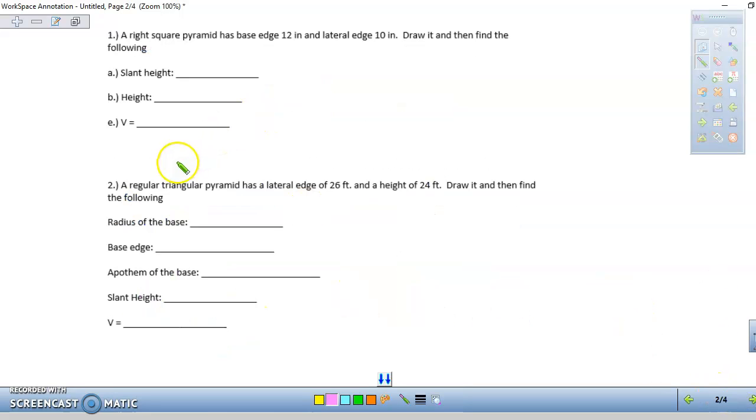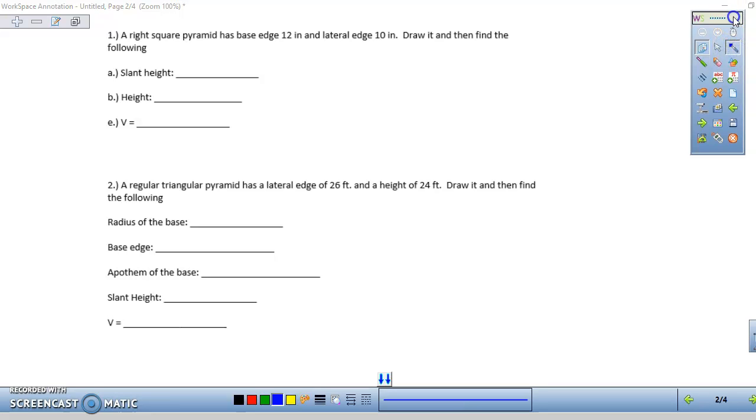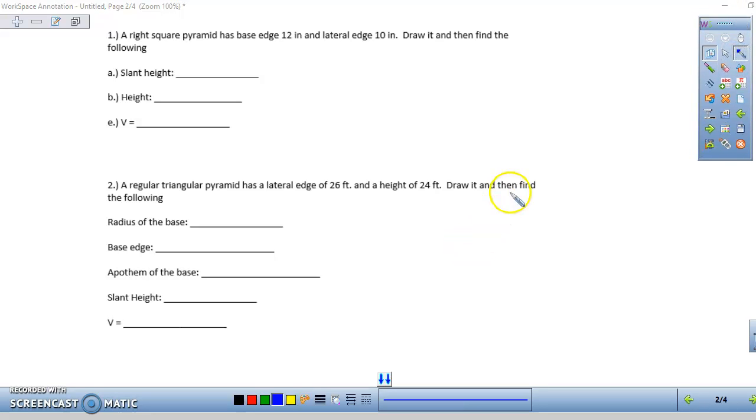Okay, so using that information. So first of all, you need to know how to draw these, and I'll give you an easy way to do that. So a right square pyramid. So to draw it, first step, you want to make the base look 3-dimensional.